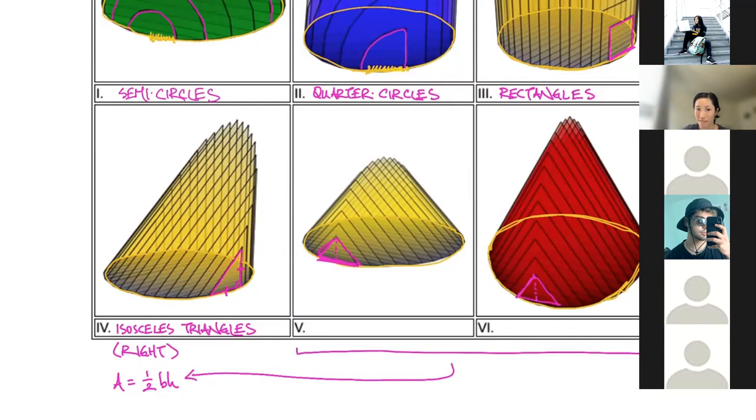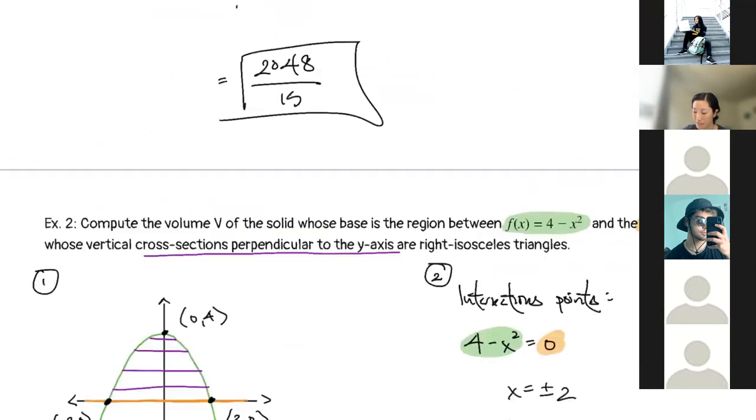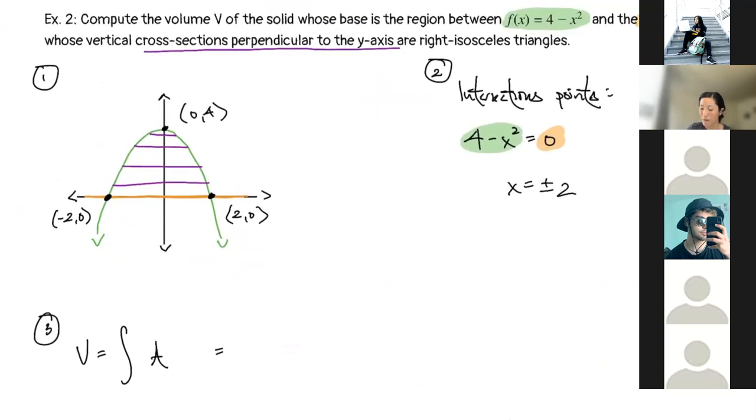All right. So based on what we have so far, what we can write down is that this is the base of a right isosceles triangle.